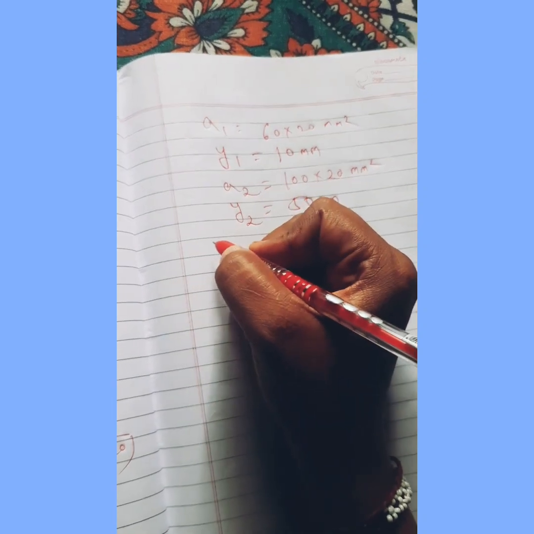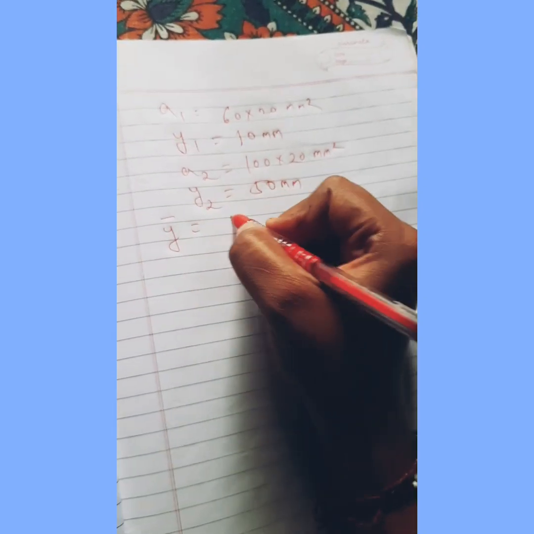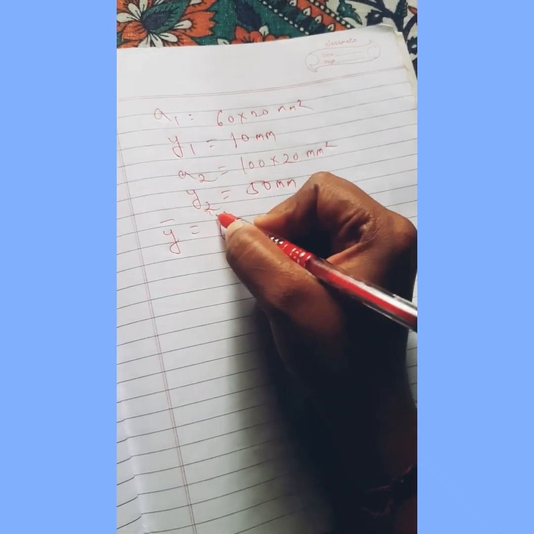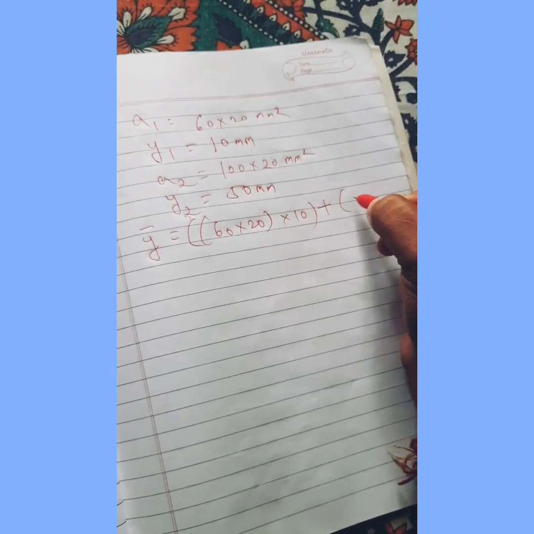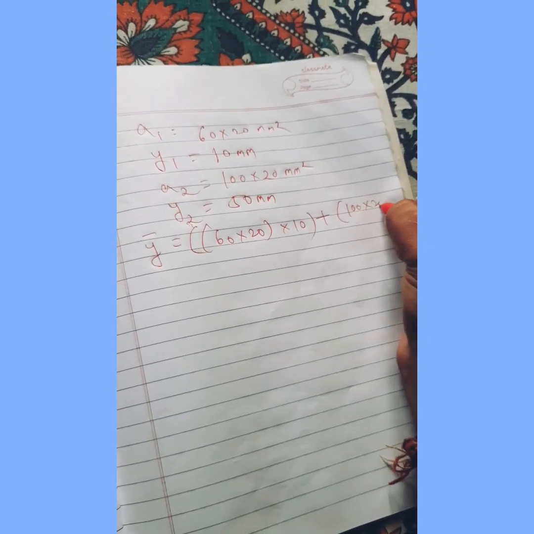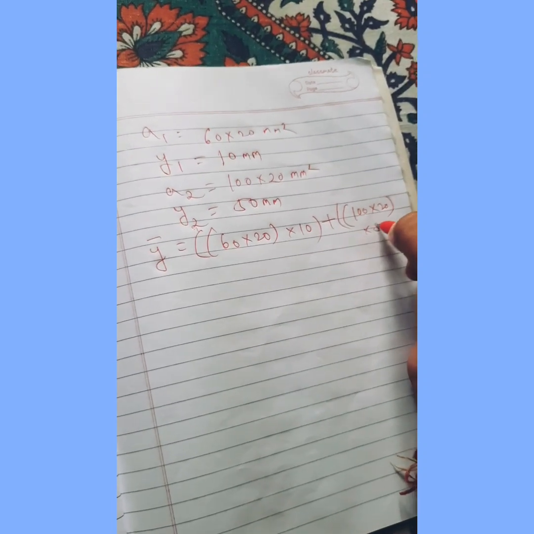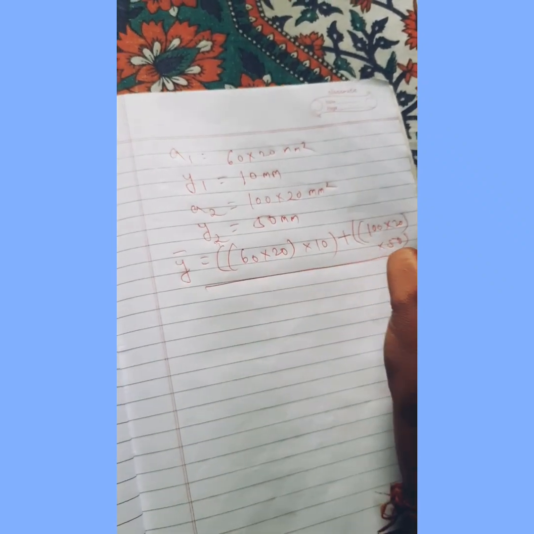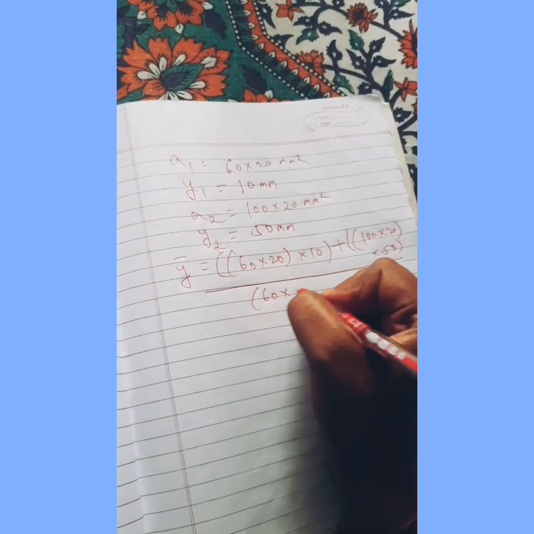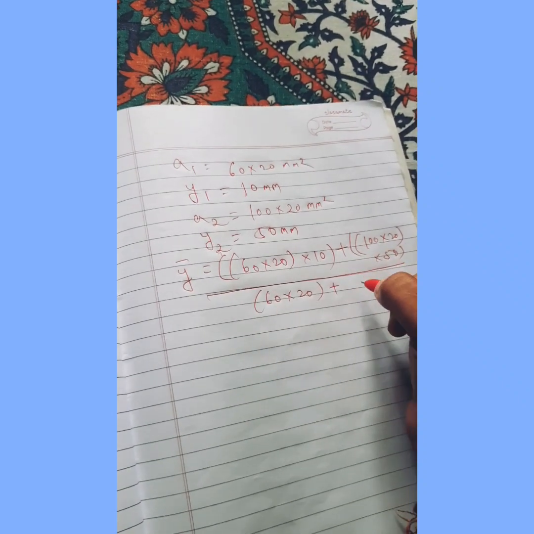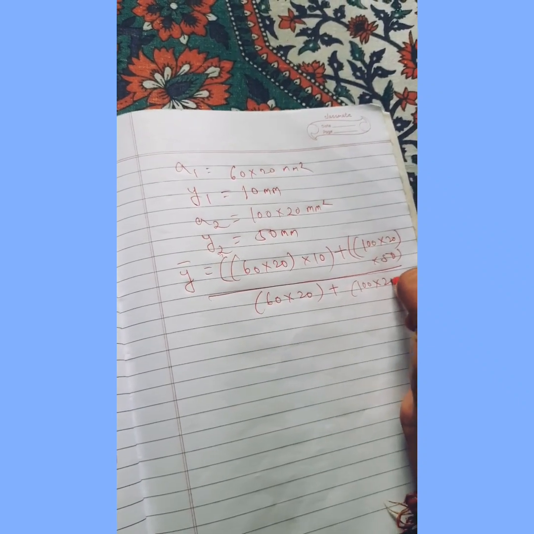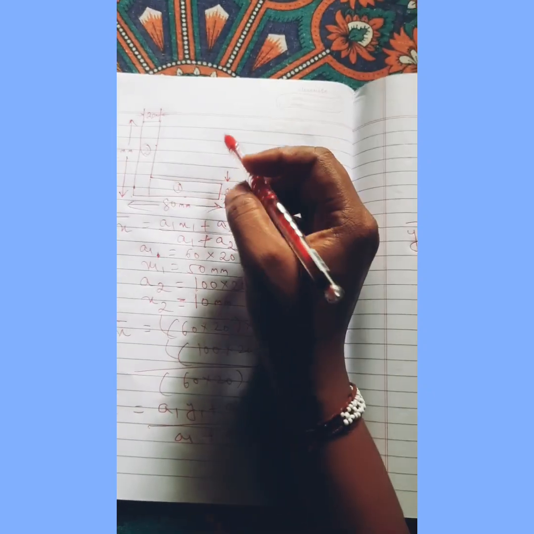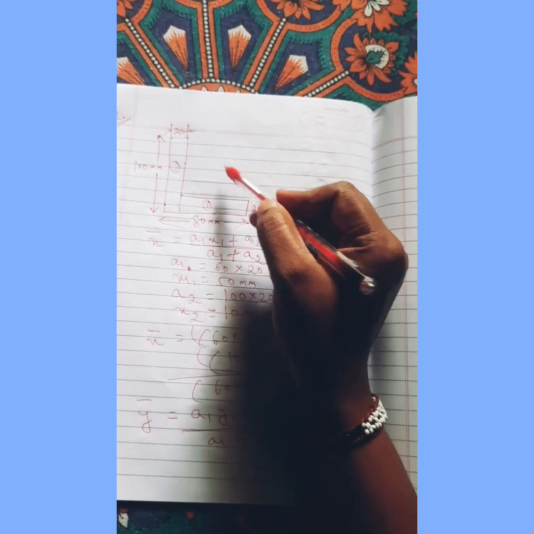So we will put it in the formula. y bar equals 60 into 20 into 10 plus 100 into 20 into 50, divided by a1 plus a2, that is 60 into 20 plus 100 into 20. So we will calculate both x bar and y bar and find out the location of the center of gravity from its reference.